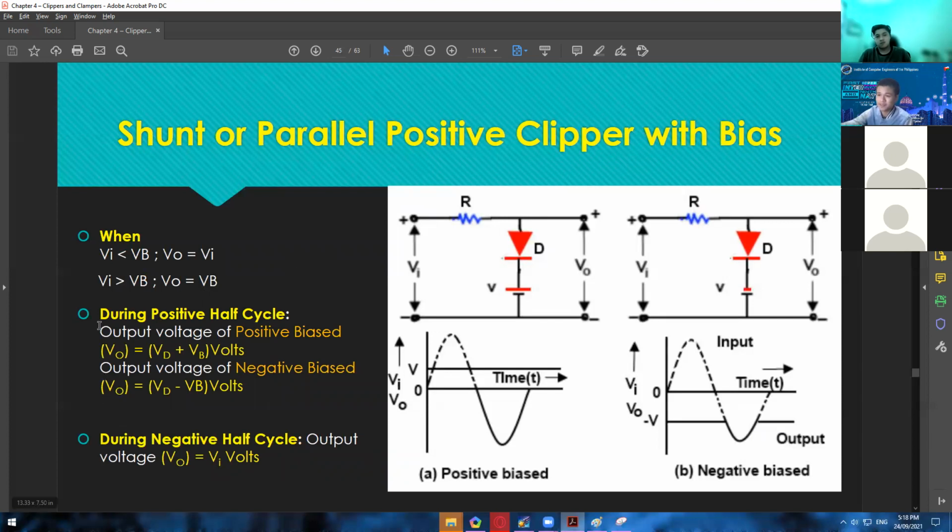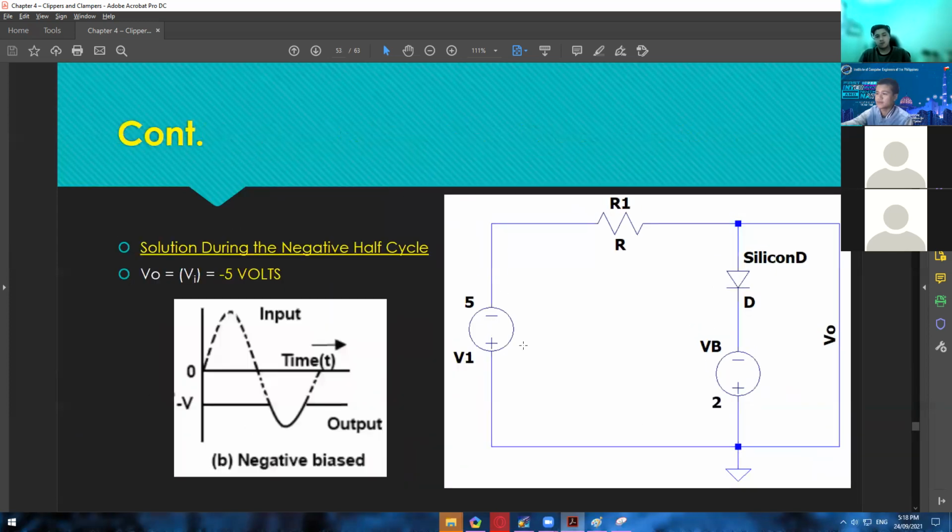Okay. So you can use this formula during the negative half cycle, or when it comes to reverse bias, as always, VO is equal to VI. So that is why we always have negative 5 volts during the negative half cycle or during the reverse bias connection. Okay? So, are we clear with this example number 18?